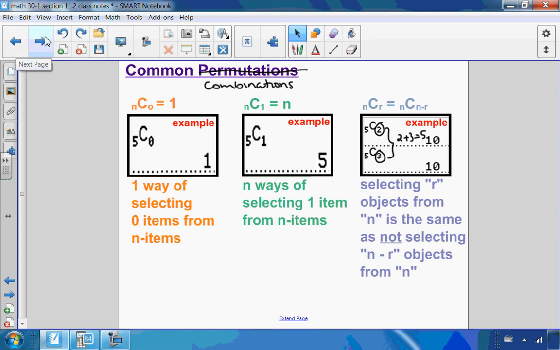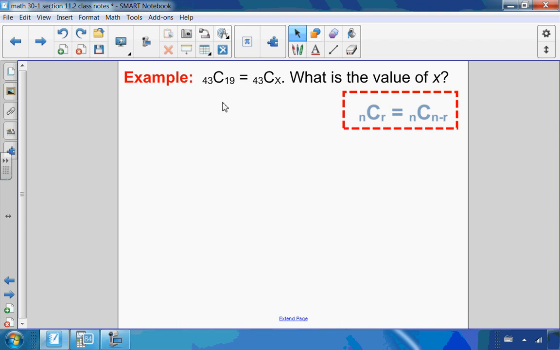Let's actually use that. Okay, so we know that nCr is equal to nC(n minus r). So we're going to use that to find the value of x. So 43C19 is the same as 43C what? Let's use our formula here. So I have 43C19 is the same as 43C(n minus r), 43 minus 19.